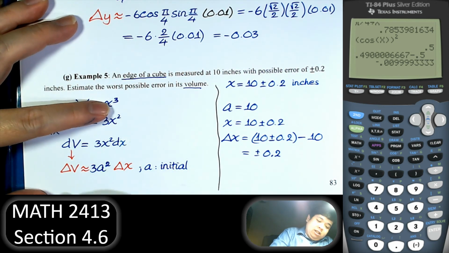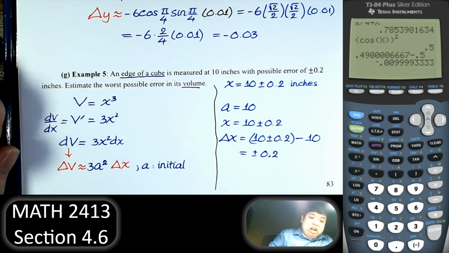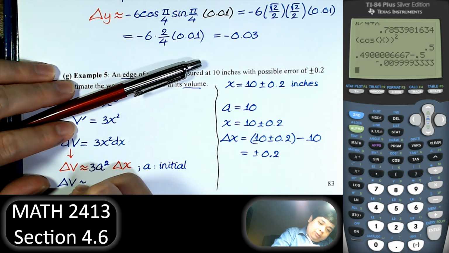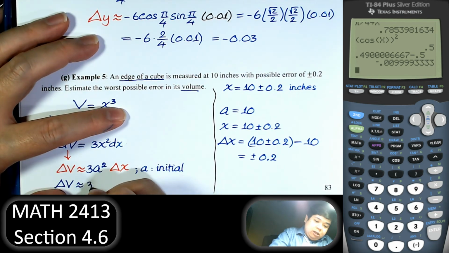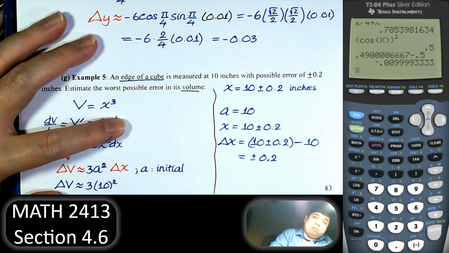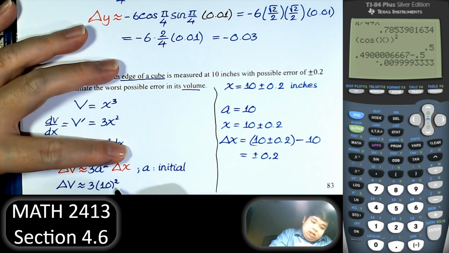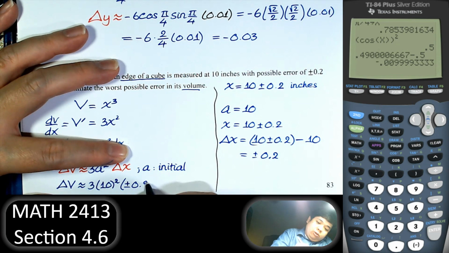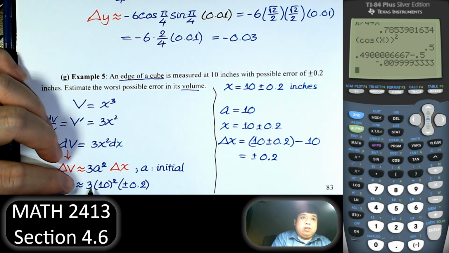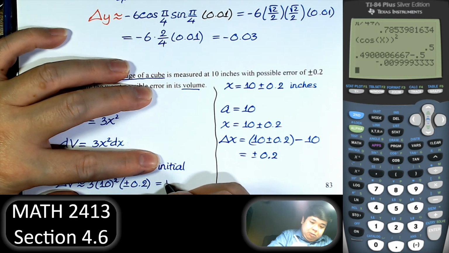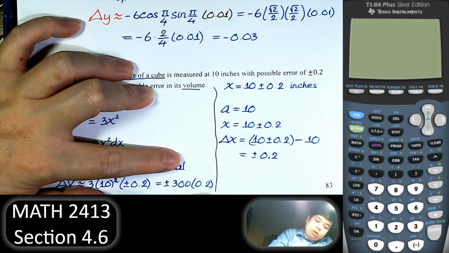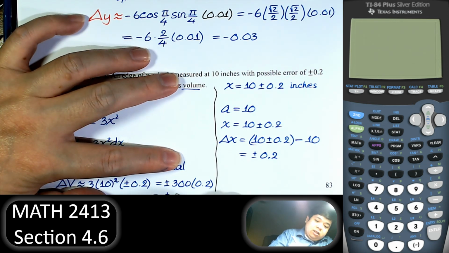So delta V, the approximate change in volume, is approximately equal to 3 times the initial value 10 squared, times delta x, which is plus or minus 0.2. Multiply all of that. 10 squared is 100, so 300, plus or minus 300 times 0.2. So that is equal to plus or minus 60.